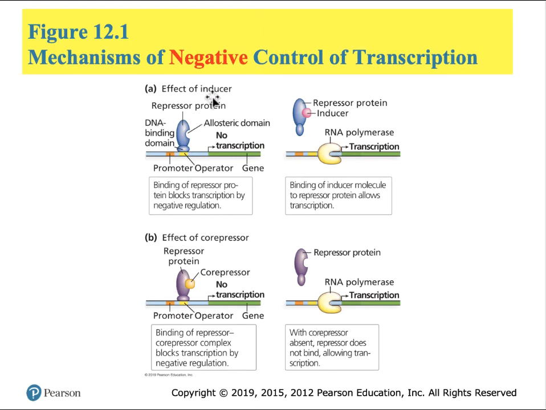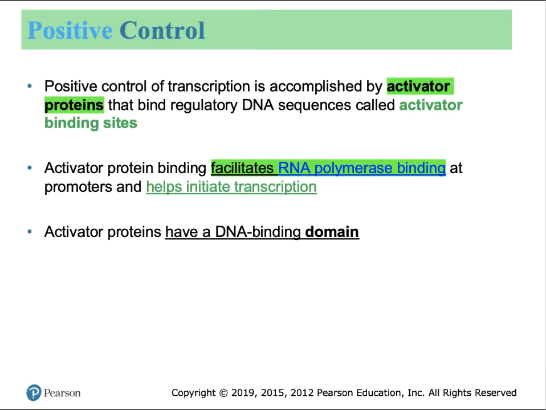In the top example, an inducer molecule actually lifts the repressor off the DNA, whereas in the second example, the dissociation of a co-repressor is necessary to remove the repressor protein from the DNA. Only then, in both cases, will messenger RNA or some type of RNA be produced from the transcription of these genes. Once you've managed to relate to the previous figure, then we can move on and talk about positive control.